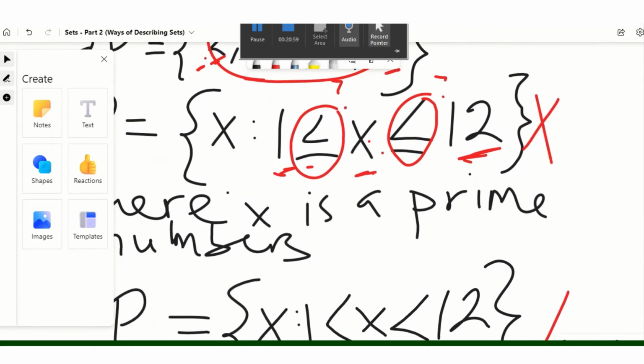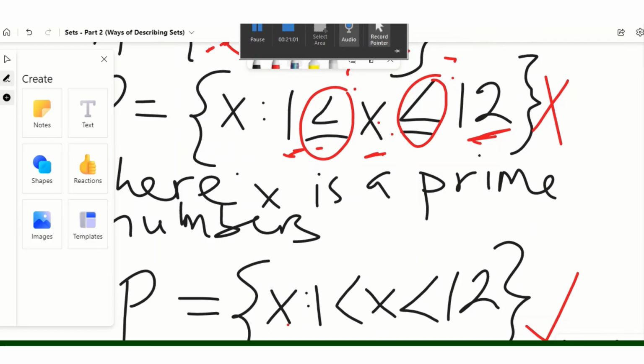So you see this one, there is an equal to sign, the one in brackets, okay, and this one is a greater than sign. So this is the correct one. This is wrong.